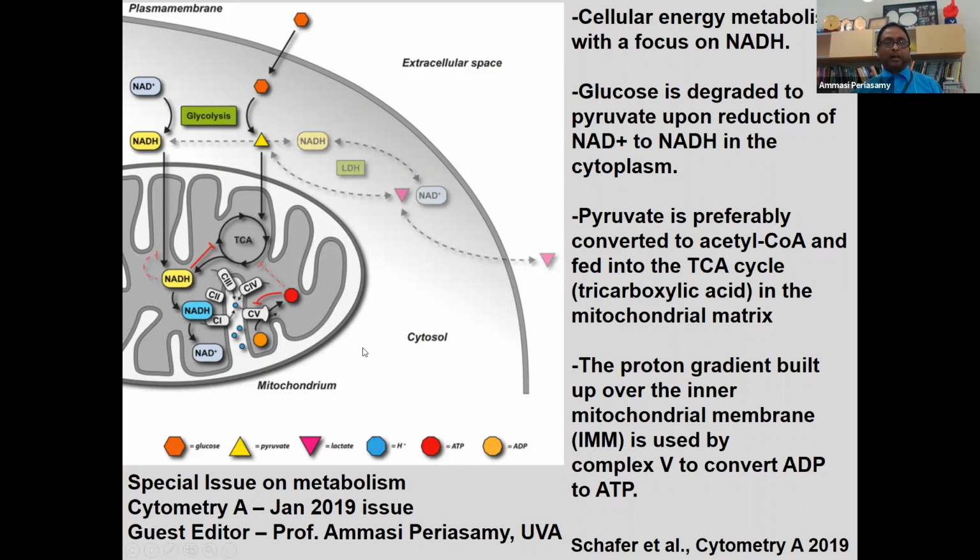measurements, and glucose is degraded to pyruvate upon reduction of NAD plus to NADH. Pyruvate is preferably converted to acetyl-CoA and fed into the TCA cycle in the mitochondria. The proton gradient built up over the inner mitochondrial membrane is used by complex 5 to convert ADP to ATP.